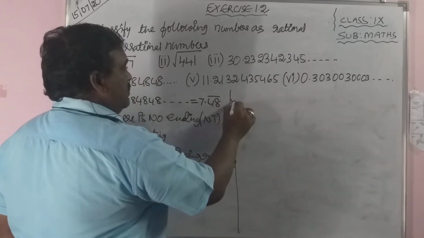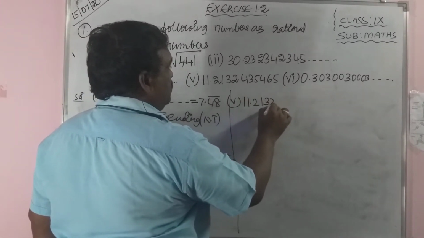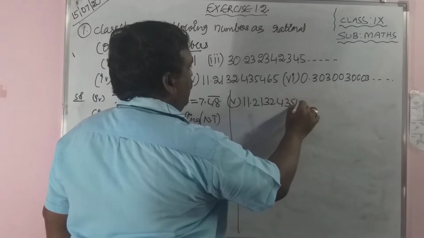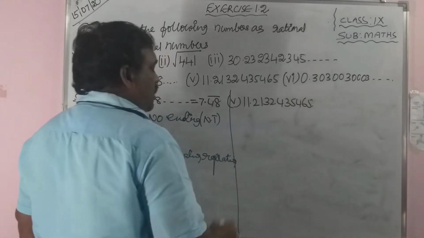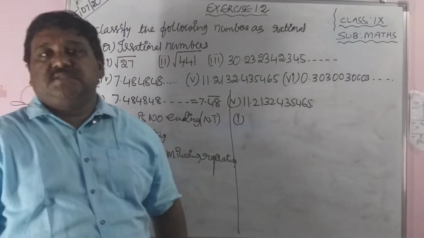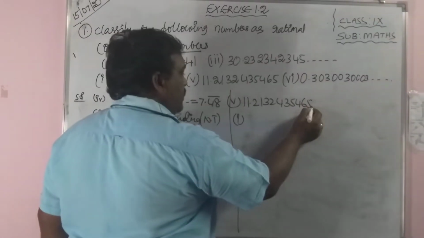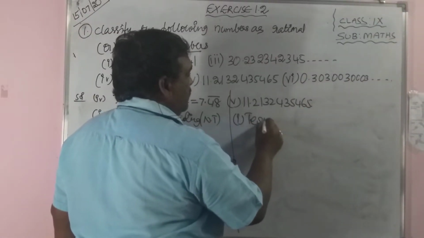Fifth one. Fifth one is 11.2132435465. First property: there is ending. Terminating.